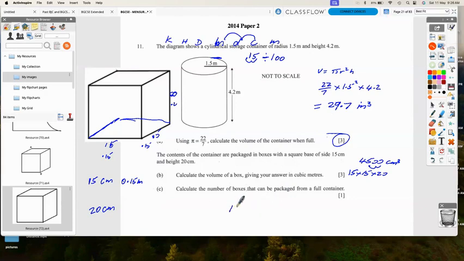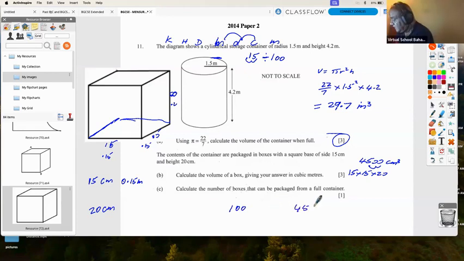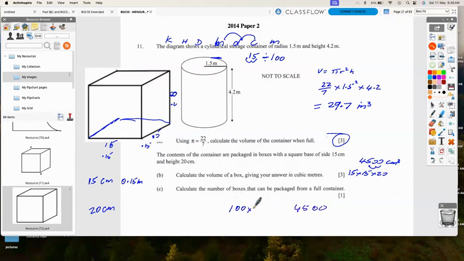Let's see. 45. Give me a second. Let me work this thing out.